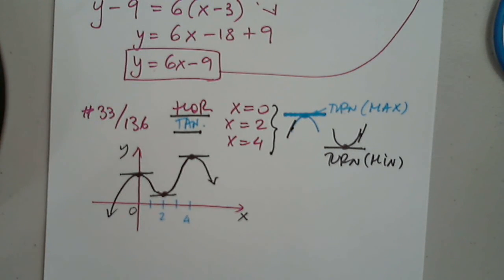So on December the 9th, it was here. December the 10th was here. December the 11th was here. December the 12th was here. December the 13th was here. And we have all those points, including this one, the minimum.